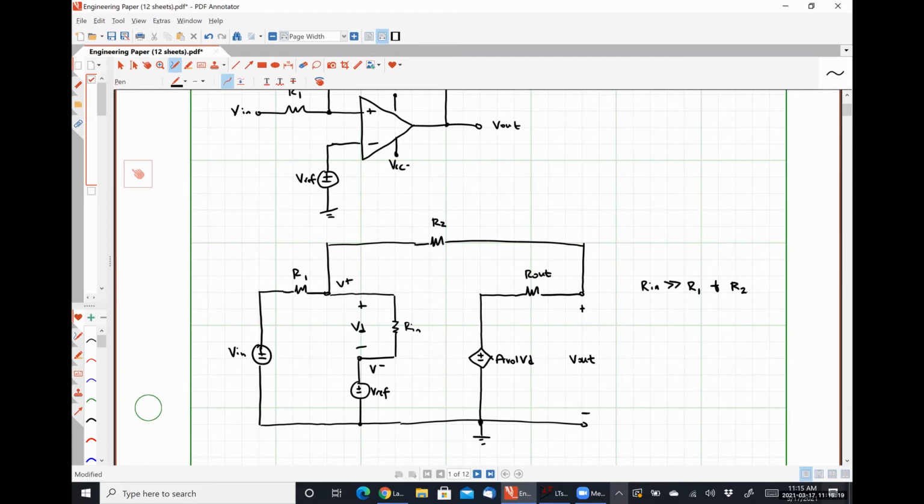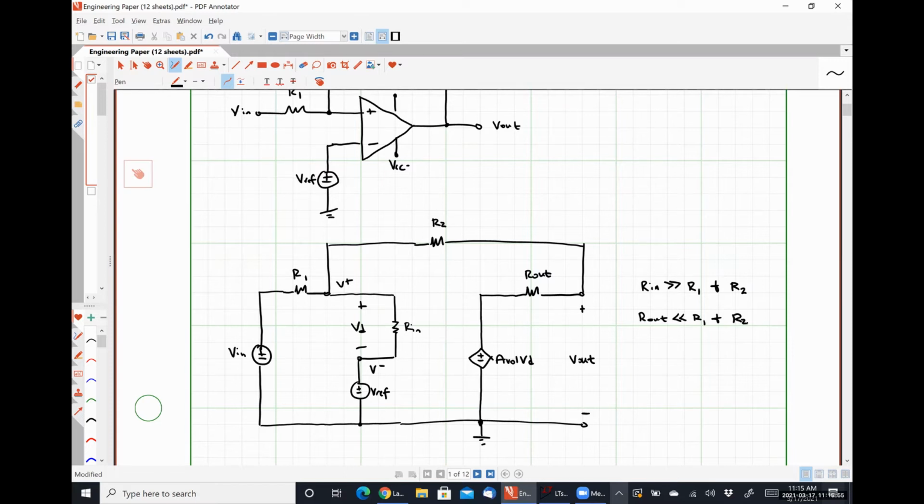So we would use, say, kilo ohm size resistors for R1 and R2 because we know that our input resistance should be somewhere on the order of a mega ohm or larger, which is exactly what we talked about in the last class. We're also going to assume that our output resistance Rout is much less than R1 and R2. Again, these are the exact same assumptions that we talked about with regards to sizing resistors last class. So we're not doing anything new here. This is going to make the math a little bit easier.